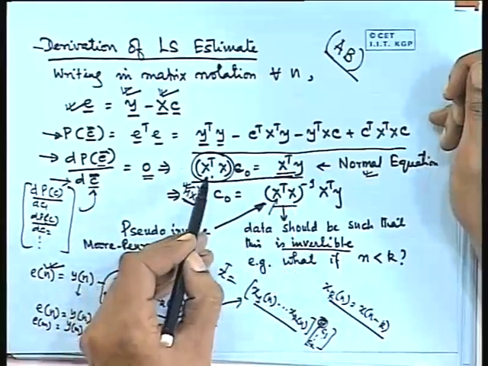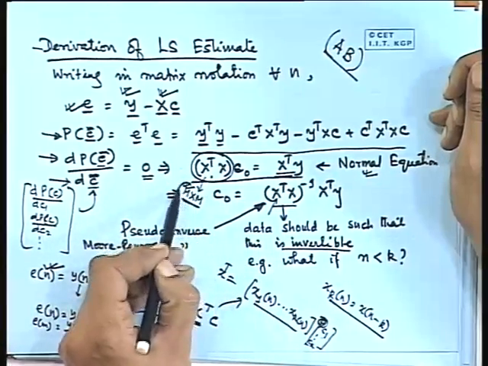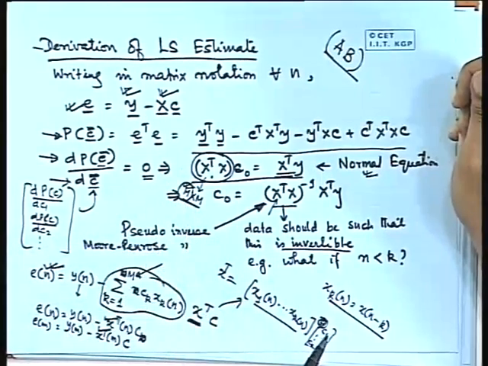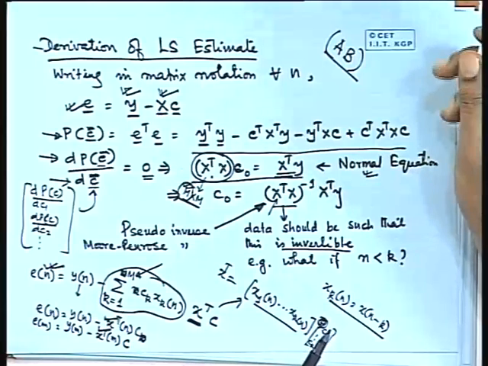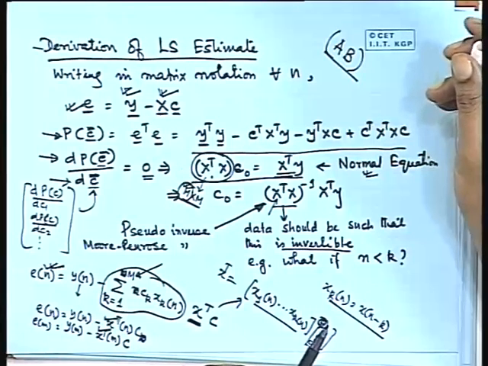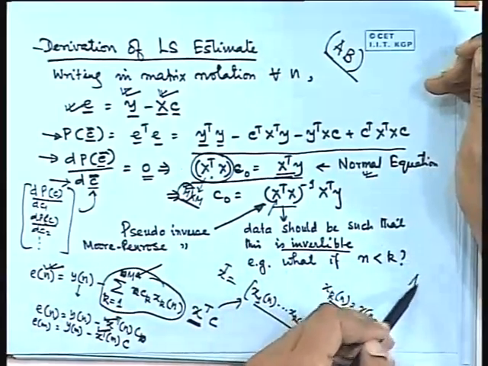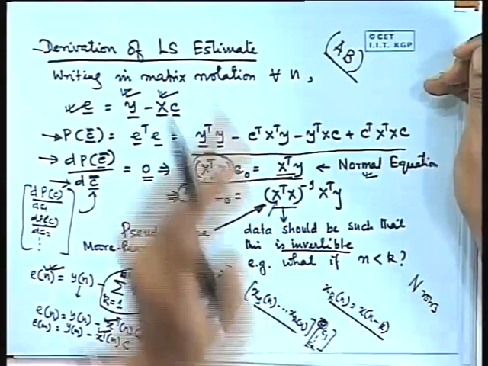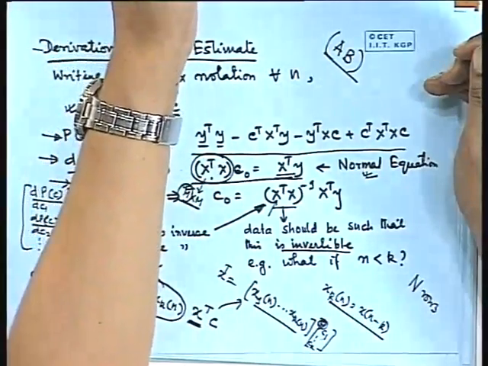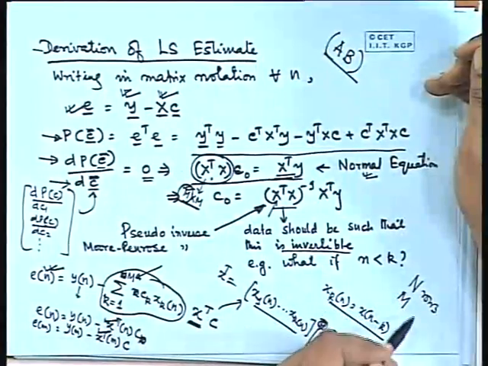So when will the matrix X have a rank M? Matrix X has how many columns, how many rows? Matrix X has capital N rows, because we are stacking it in terms of data, and it has capital M columns.